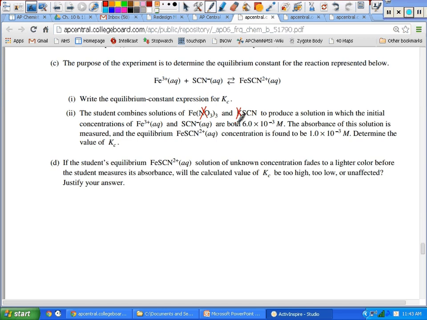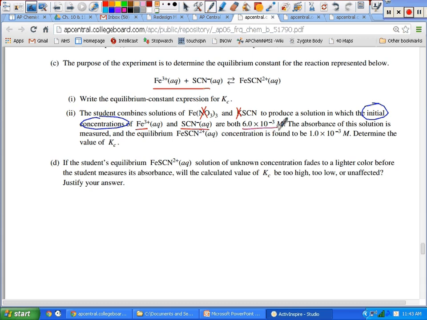To produce a solution in which the initial concentrations of Fe and SCN, where do we see those already? Do you agree that those are reactants? Notice what it just said: the initial concentrations are both the exact same value.